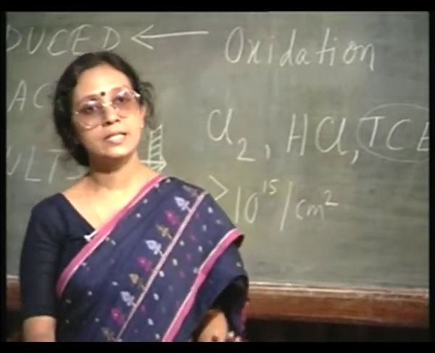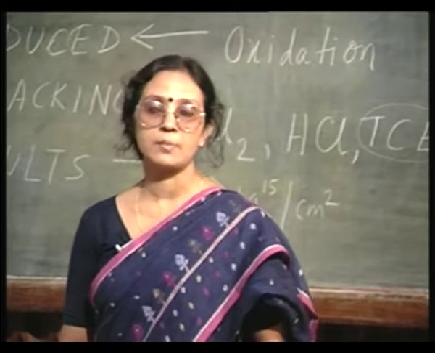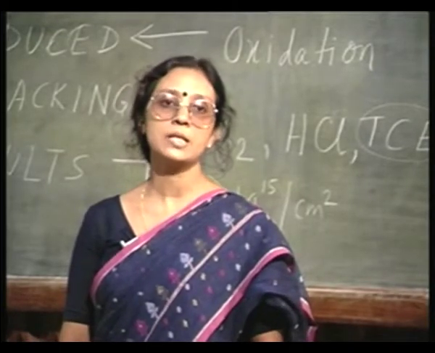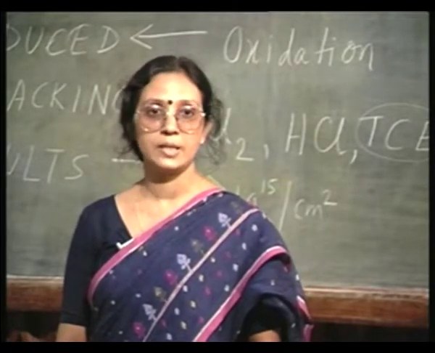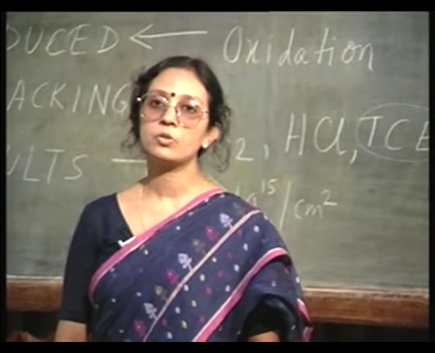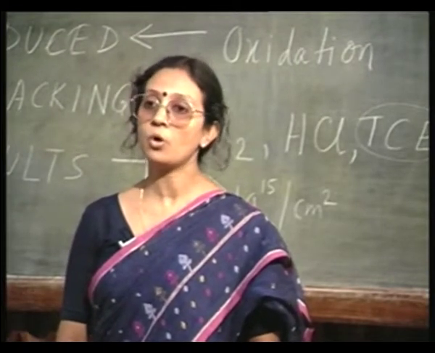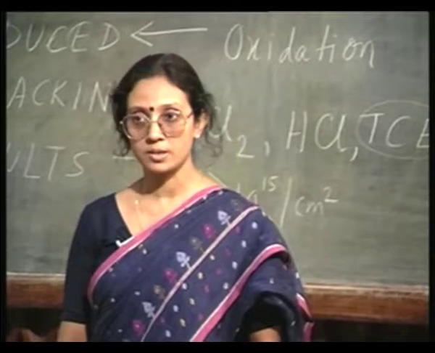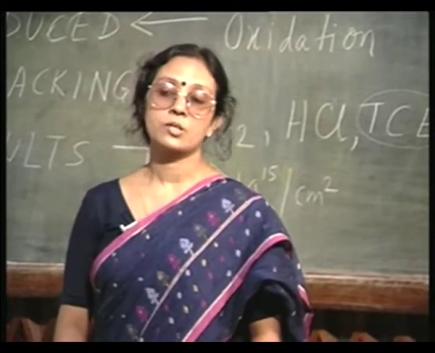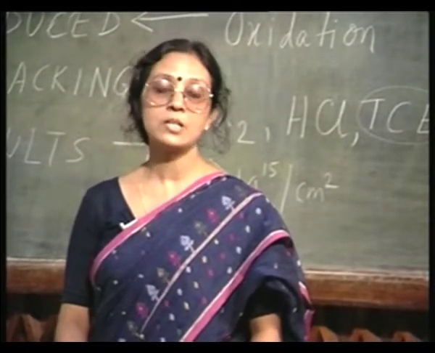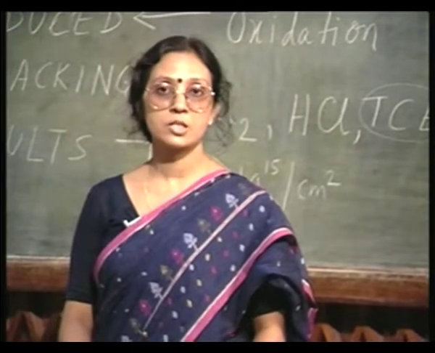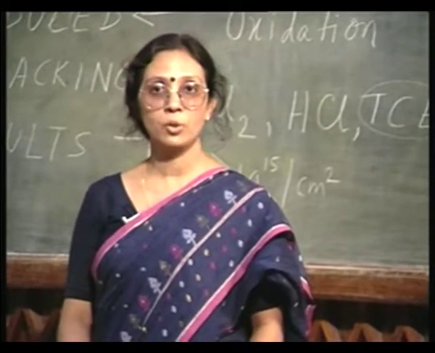If this process of reducing the temperature is carried out in an oxygen ambient, then some amount of oxidation will still go on at the reduced temperature. And since the oxidation rates depend on the temperature, the oxidation rates will be lower at lower temperature.